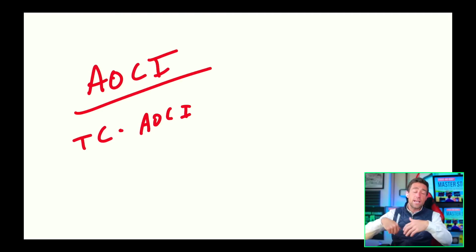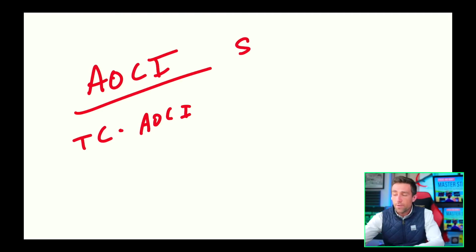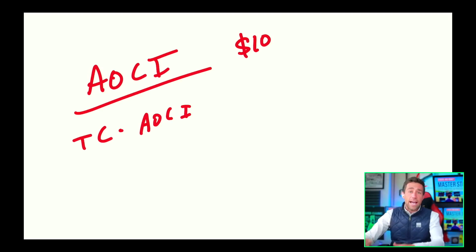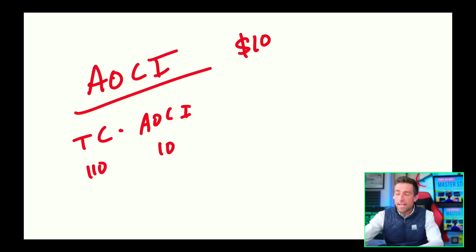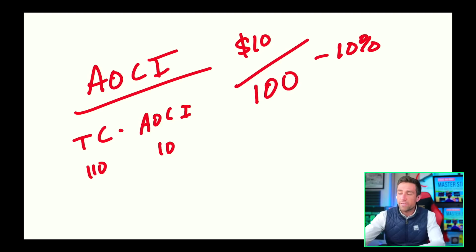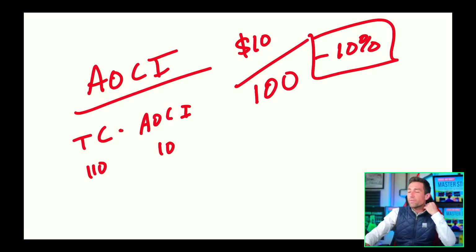So if my losses are $10 and I have $110 and my AOCI is 10, well then the ratio here is 10 over 100, 10%, right? Positive or negative doesn't really matter. In this case, we'll just call it negative because AOCI is a loss.